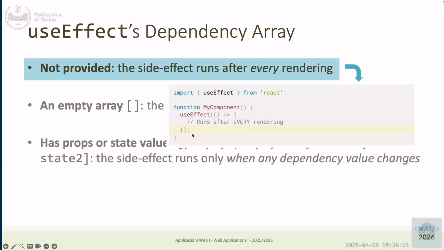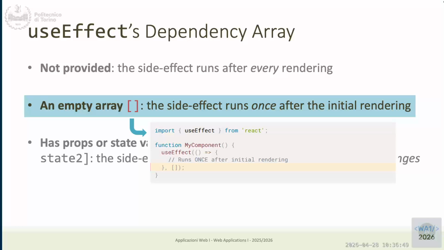Okay, these are just some examples. useEffect with a callback and no second argument runs at every render. Very seldom used. There are not many examples in which we actually want to run something after every rendering, also because we don't have any control over when a component is rendered. So it would be just running many times the same component, same function.